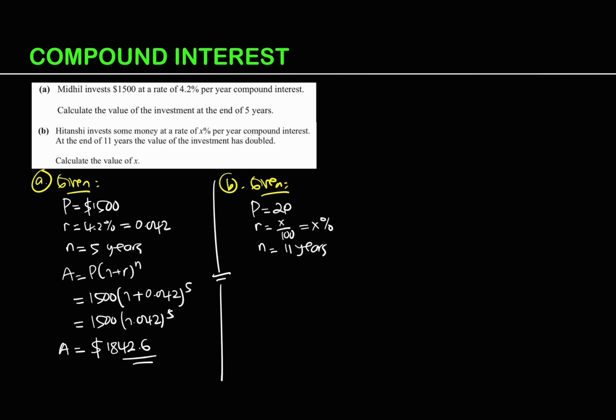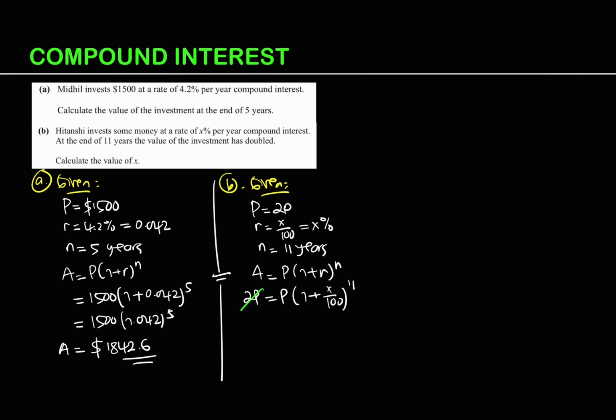We can apply the same formula A equals P(1 plus r) to the power of n. So A is 2P equals P(1 plus X out of 100) to the power of 11.